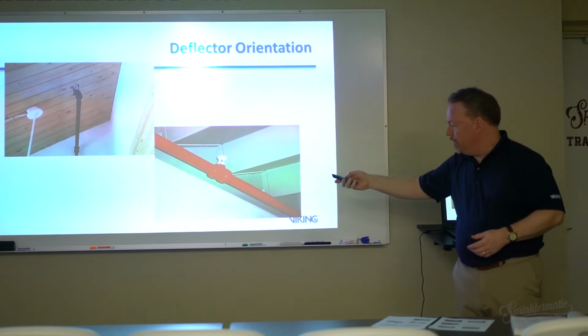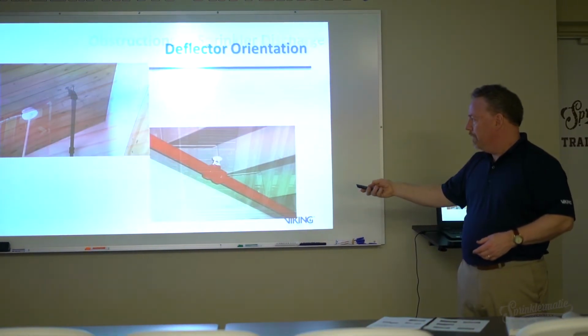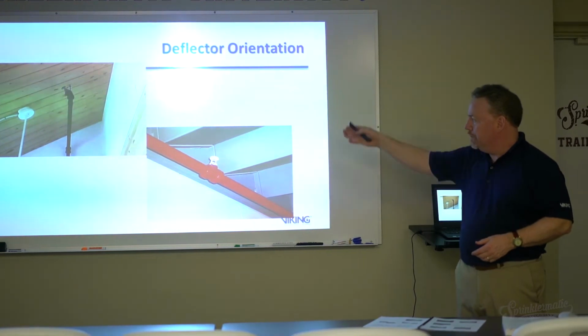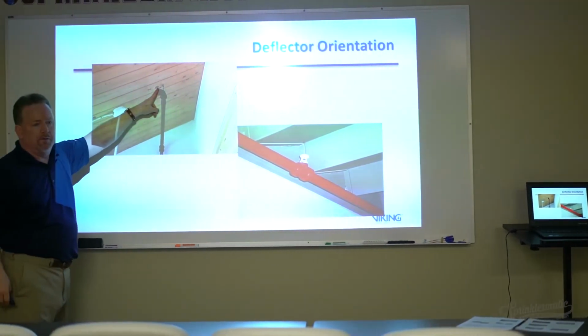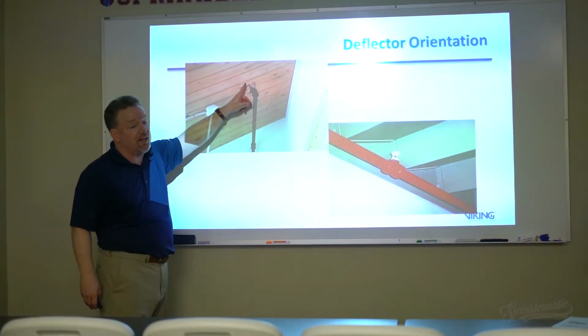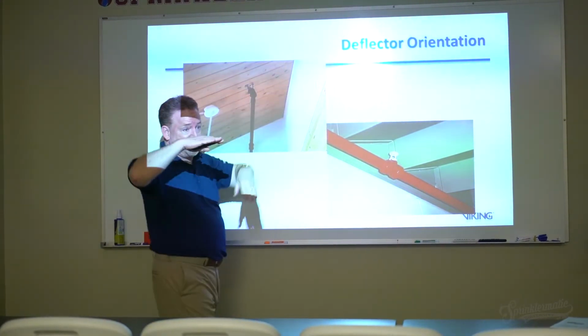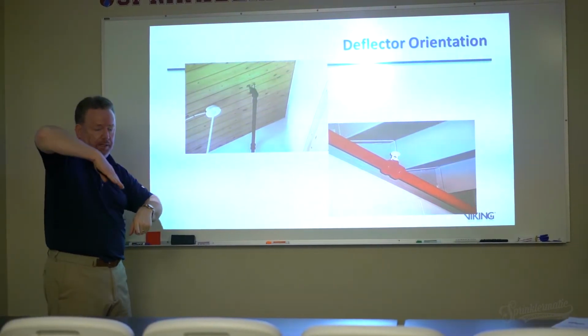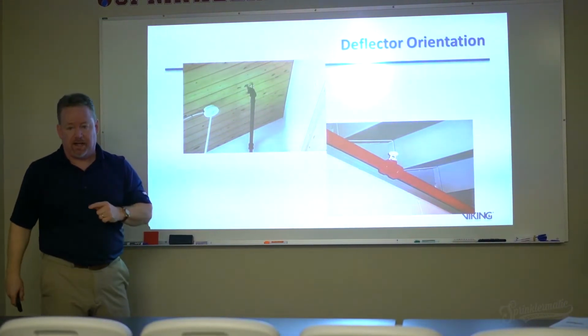We are required to install the sprinklers along the pitch of the roof. The deflector is in the same orientation. Now, if I've got a sidewall sprinkler, that same thing happens. That sidewall sprinkler doesn't spray straight out. We tilt that sidewall sprinkler so it's spraying down the pitch of the roof.